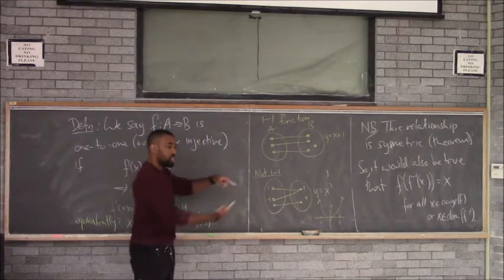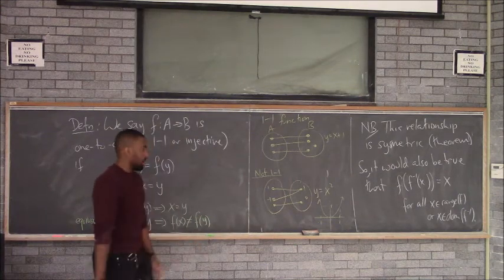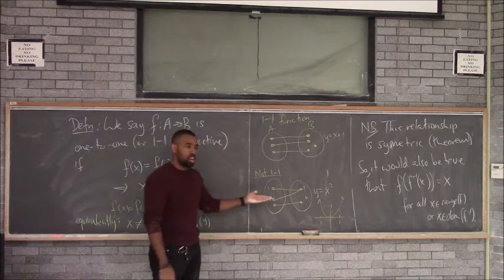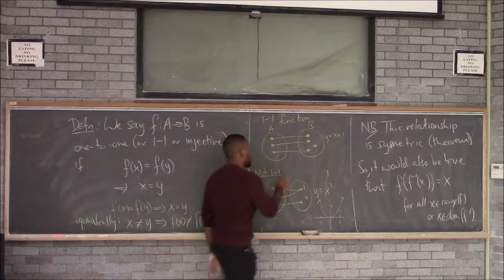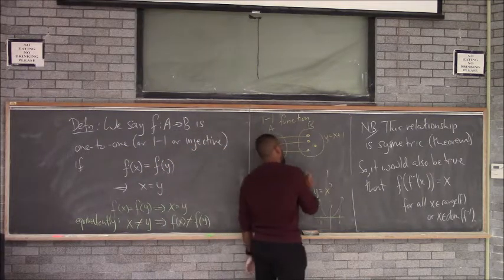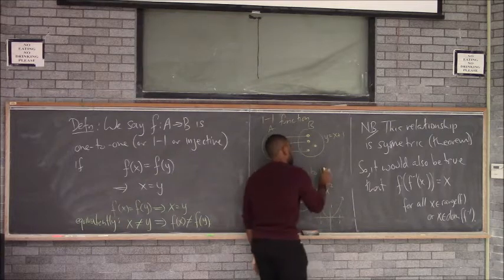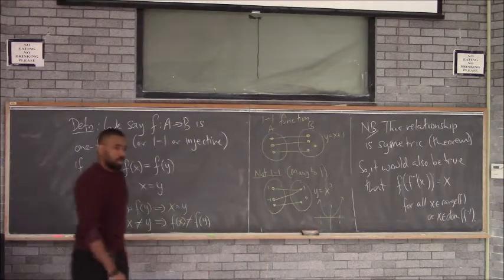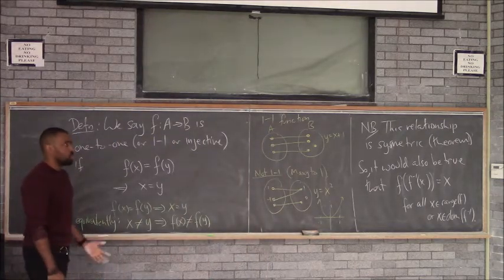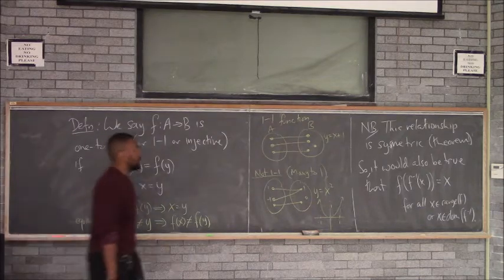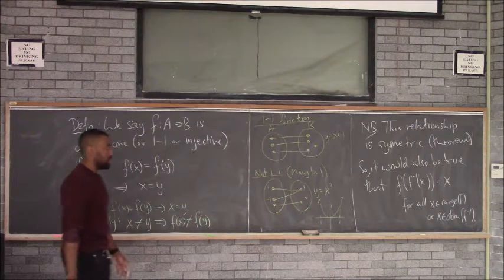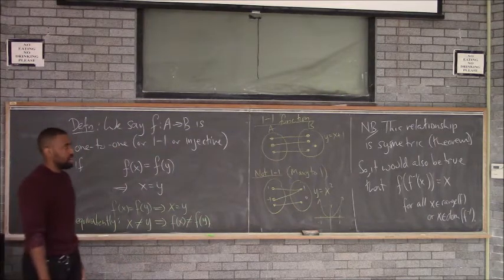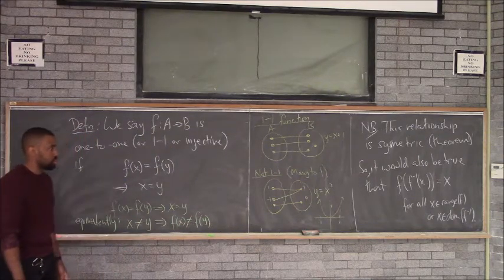I have two different things going to the same thing. That's not one-to-one. This is called a many-to-one function, many things going to one thing. But we don't want functions like that. We want one-to-one functions. Each guy in the domain is connected to a distinct guy in the range. We don't have reusing of inputs.